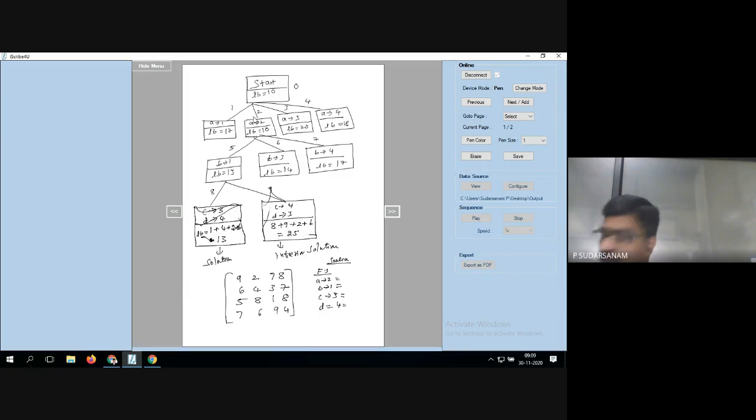Now A is equal to 2 means this one. That is what the 2 here. Next to B is equal to 1, that is called the 6. Next is C is equal to 3, that is called 1 here. Next D is equal to 4, that is called this one, that is called the 4.